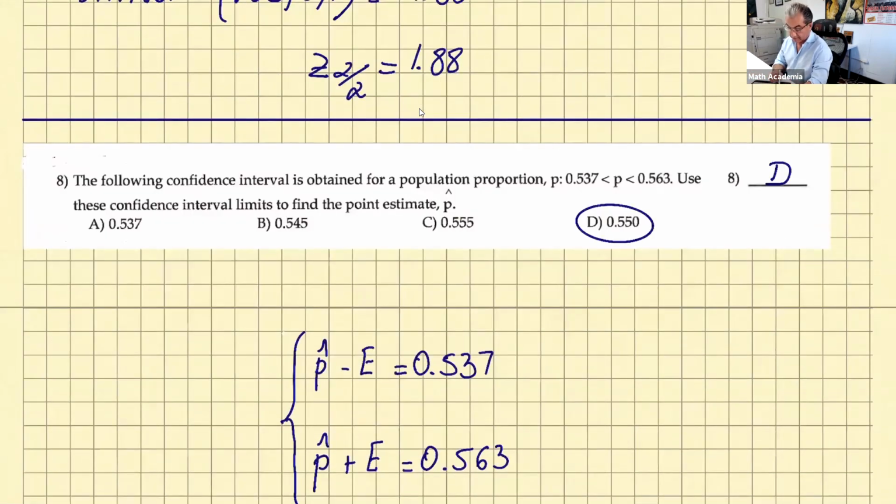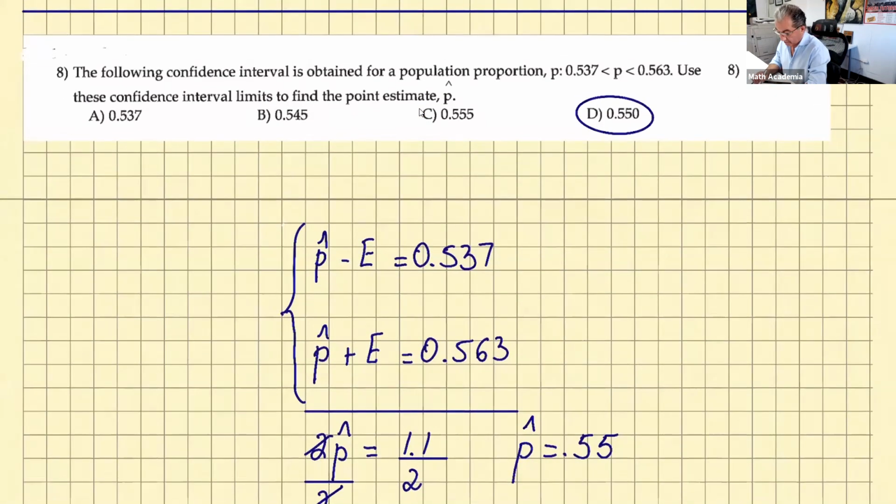Number 8, the following confidence interval is obtained for a population proportion p: p is between 0.537 and 0.563. Use these confidence interval limits to find the point estimate p hat.